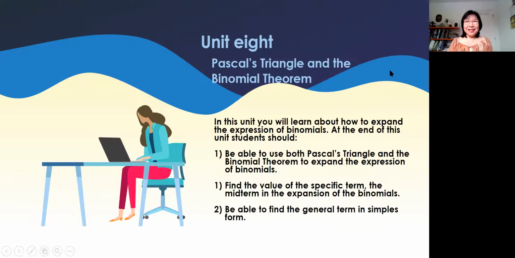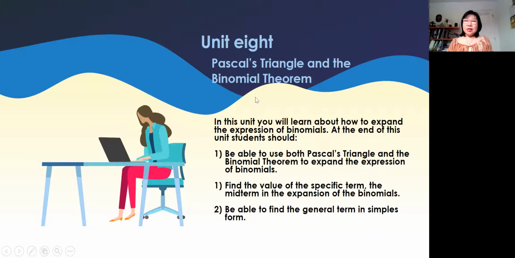Okay, so the next unit is unit 8, and I think probably this is the last unit. So please bear with me. Pascal's triangle and the binomial theorem, which is the topic.